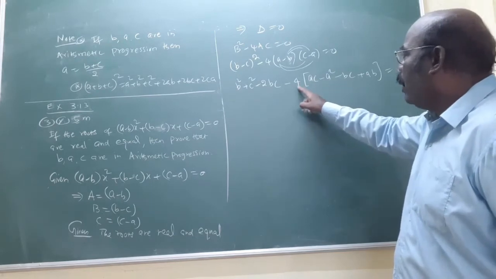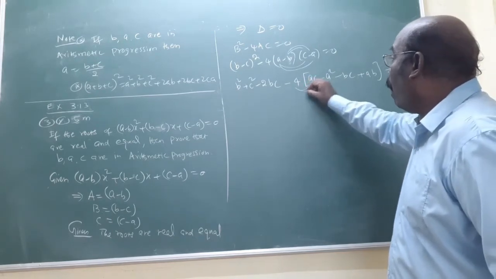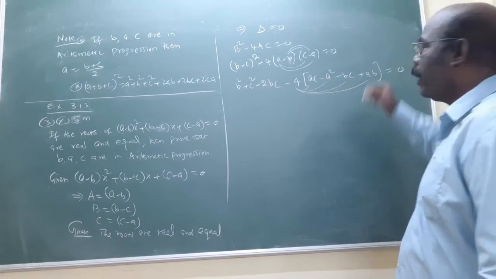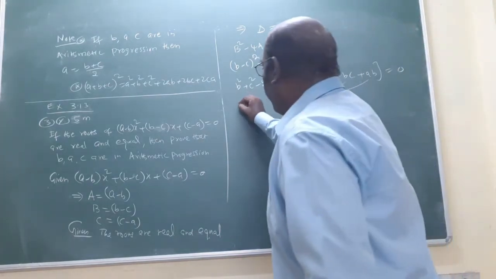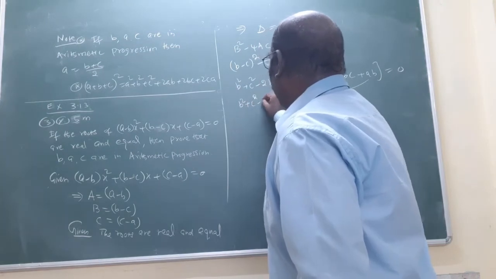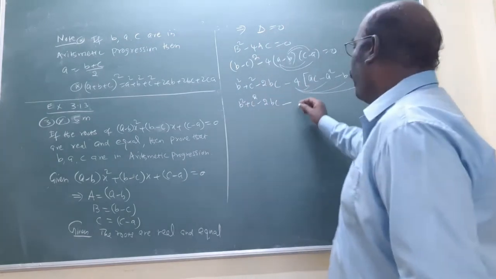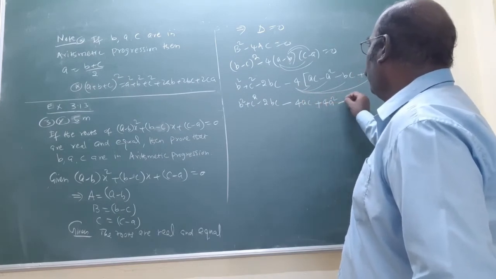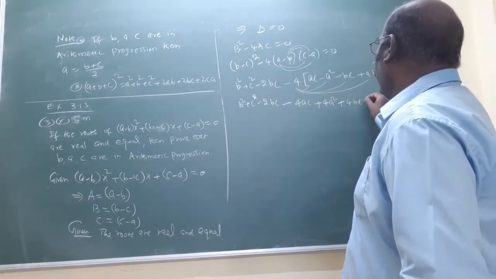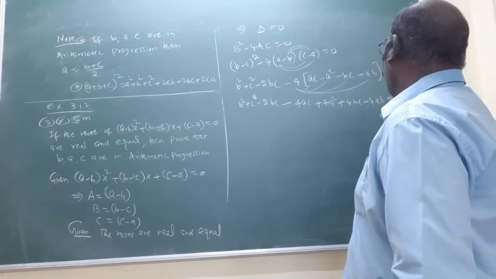This minus 4 is multiplied to all the terms. That's important. Am I right? Minus 4 is common to all the terms. Multiplying, minus 4ac plus 4a square plus 4bc minus 4ab equal to 0.